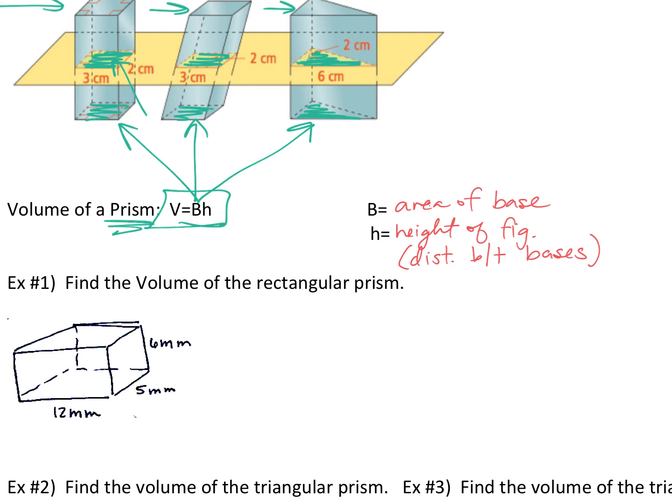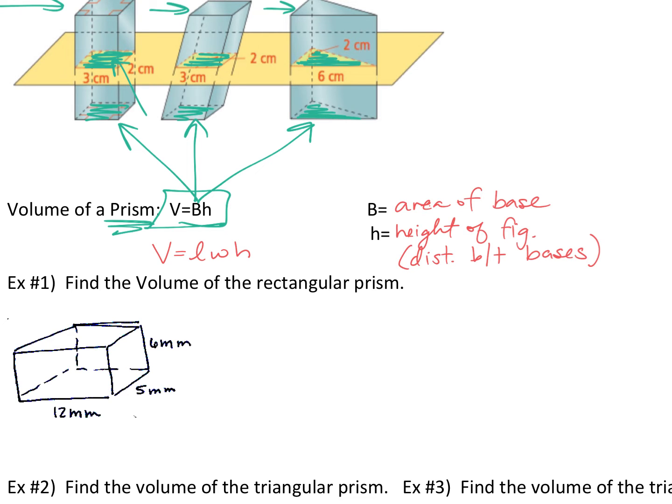So you maybe learned a volume formula in like middle school or even elementary school. Does anyone remember a volume formula that you learned? Length times width times height. That's the same thing, essentially, length times width times height. That is for a rectangular prism, right?